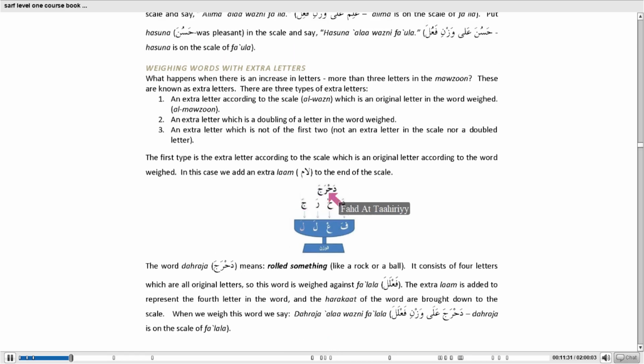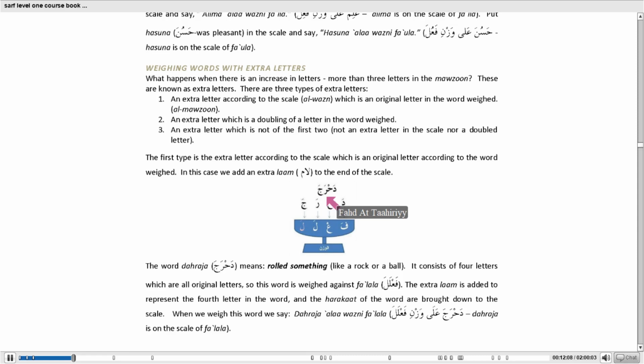So here, a word like dahraja, even for mudaf verbs, muda'af verbs, in which ayn and lam get doubled, still we get an extra lam and not ayn. Now a word like dahraja, fa'alala, yes.